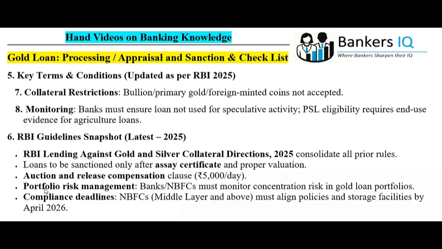Portfolio risk management: banks and non-banking financial companies must monitor concentration risk in gold loan portfolios. Compliance deadlines: non-banking financial companies, middle layer and above, must align policies and storage facilities by April 2026.